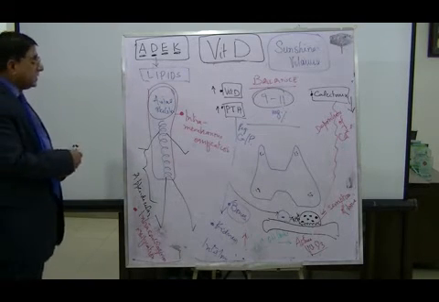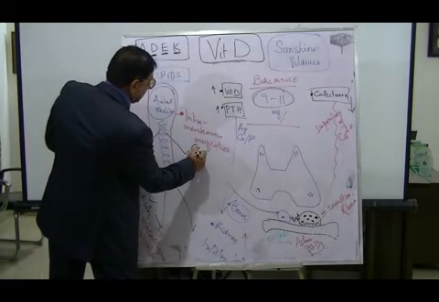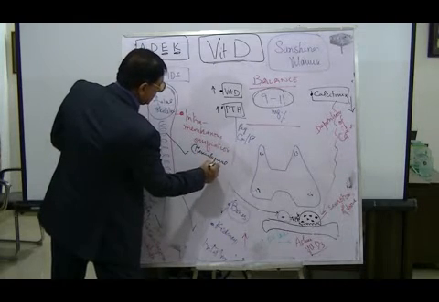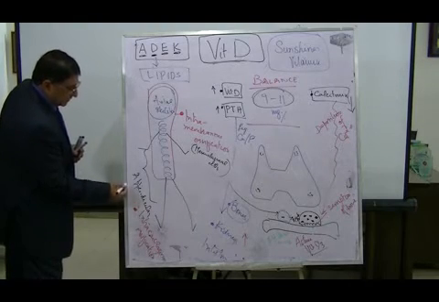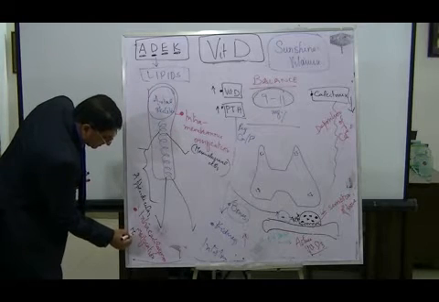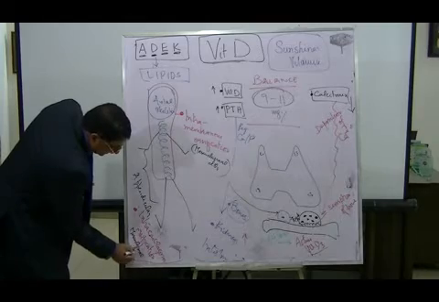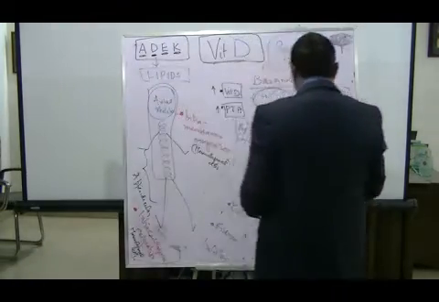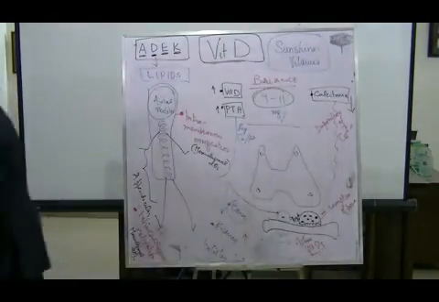So, what happens? In both the places, the primitive mesenchymal cells over here, and also over here, they give rise to osteoblasts. The osteoblasts would lay down bone.